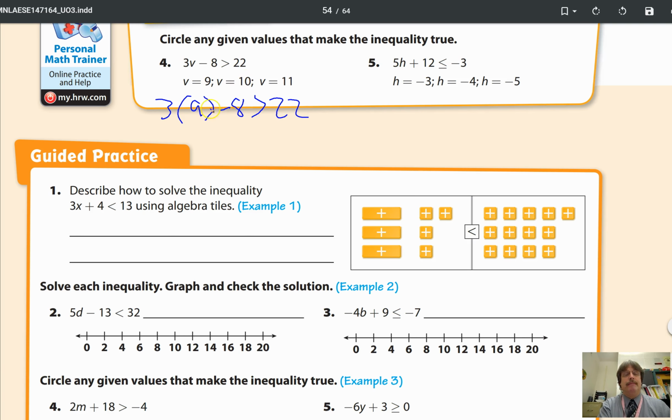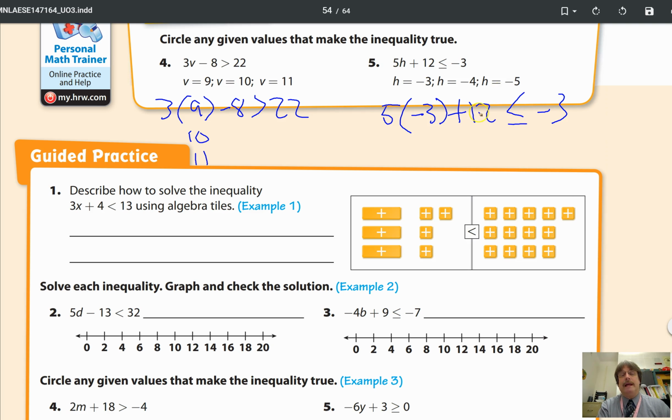You would do the same thing for 10 and the same thing for 11. And then over here, number 5 is still more examples, except you're using negative numbers, it looks like. So you would do 5 times negative 3 plus 12 is less than or equal to negative 3.